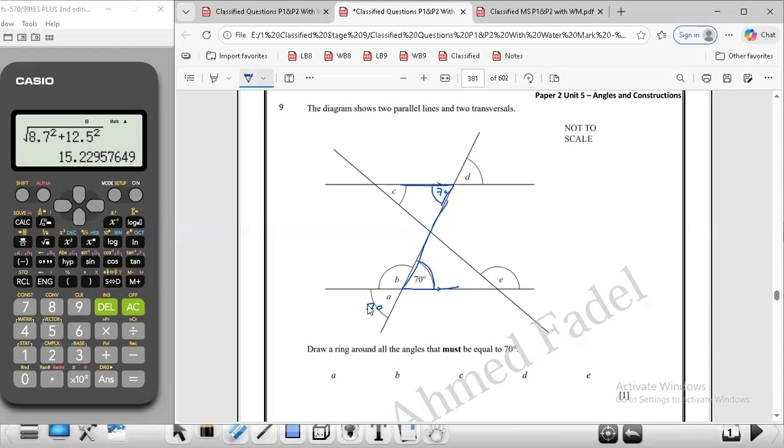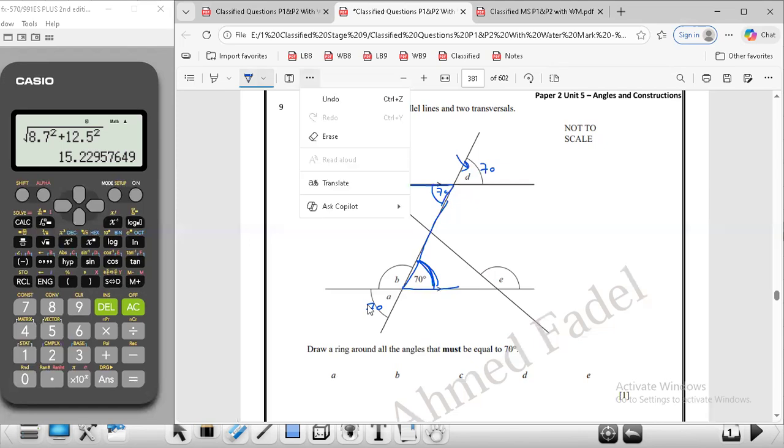Since this is 70, so D is also 70 because alternate interior angles. Actually you're going to find that D is corresponding with the 70 degrees as well. Angle D is also corresponding, making it the F letter. You see that?